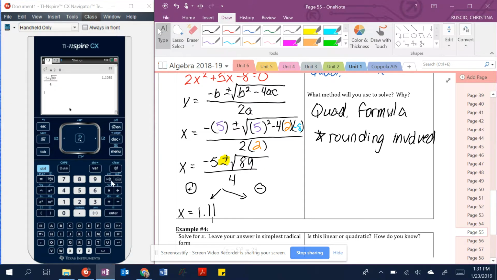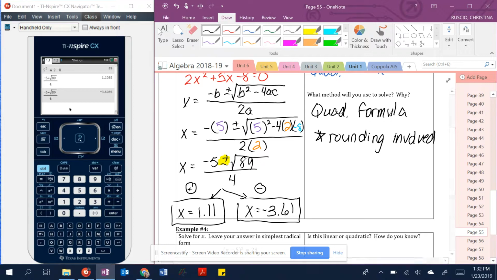Okay, now instead of wasting all my time by typing it in again, I'm going to hit enter after I've arrowed up, and I'm going to change it to subtraction, and I end up with my other answer, x equals -3.61.